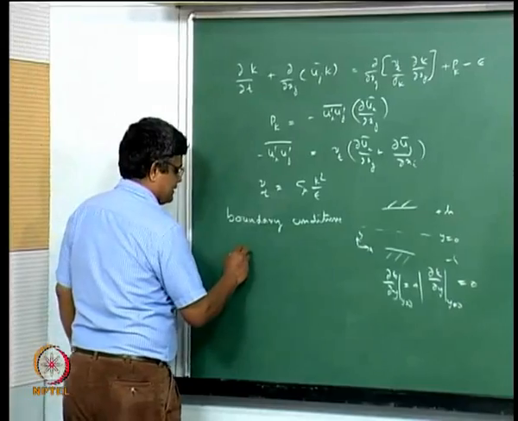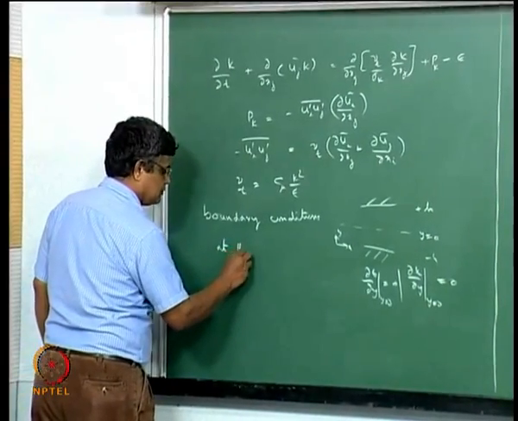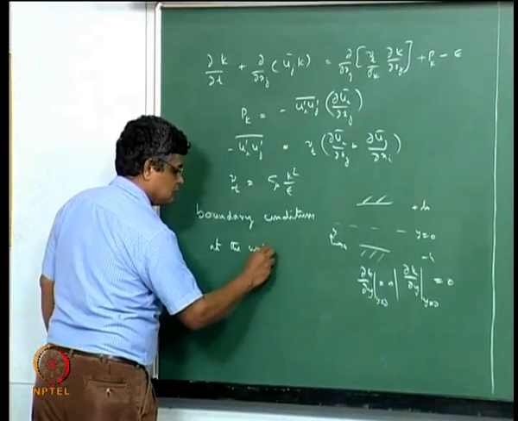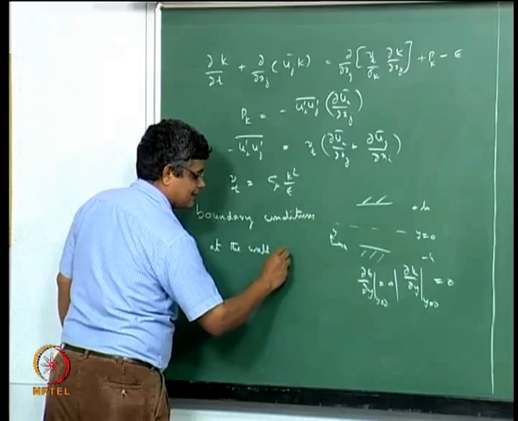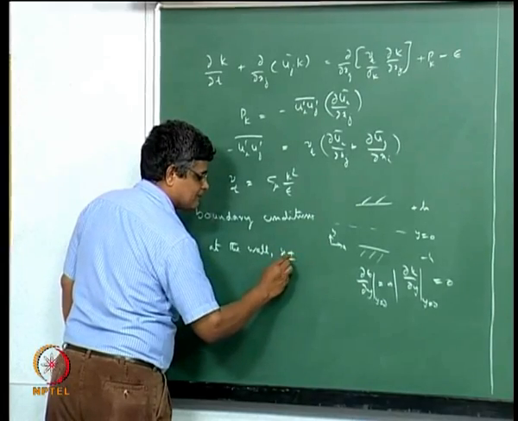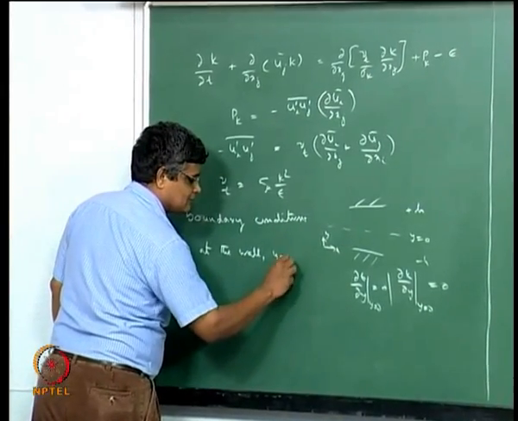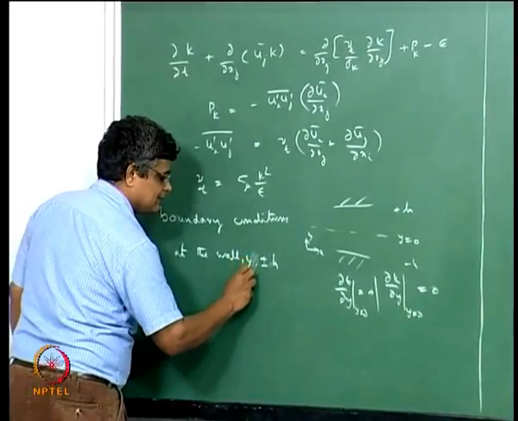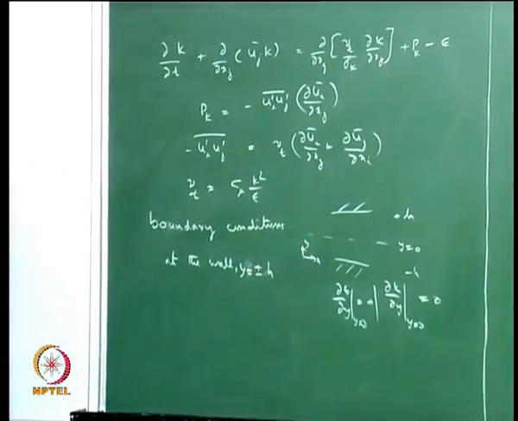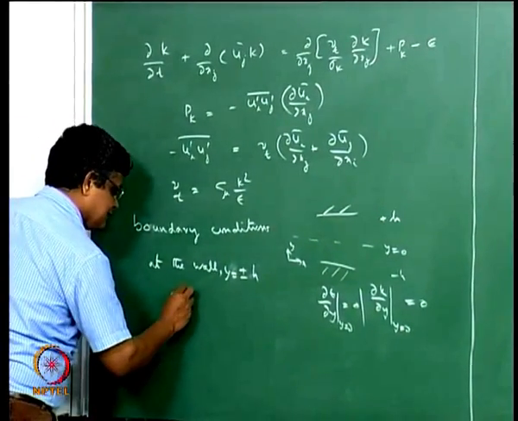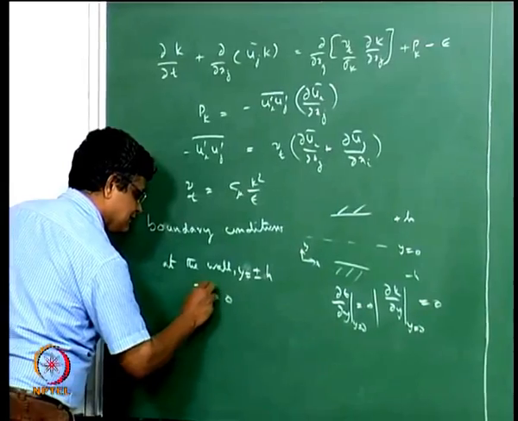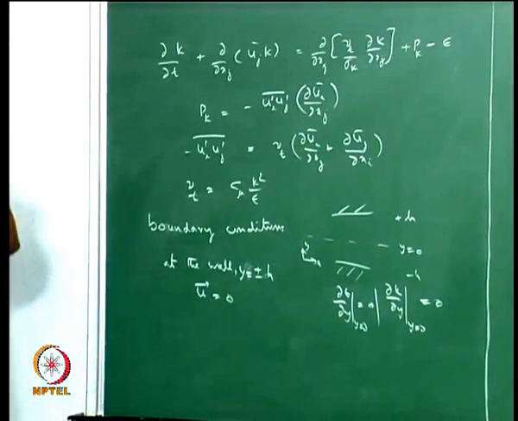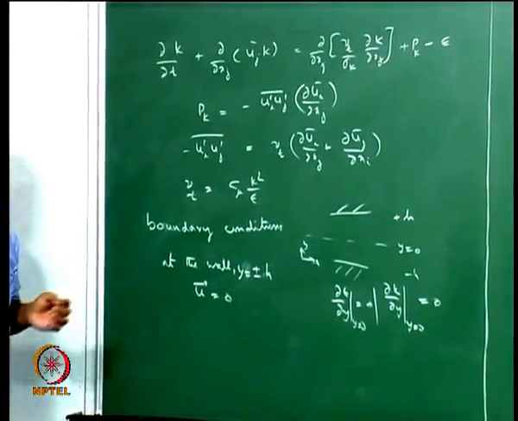Ideally one would say that at the wall, in this case that is at y equal to plus or minus h, we know that the velocities have to be 0. The velocity has to be 0 by the no slip condition in laminar flow.